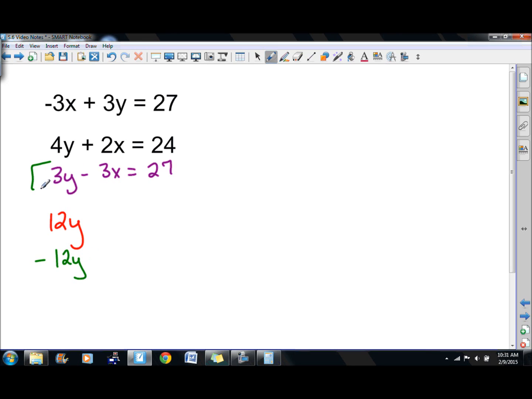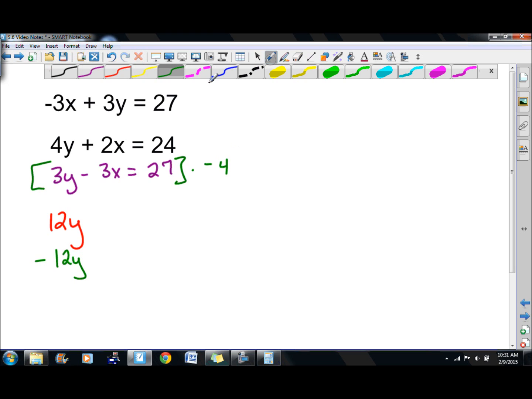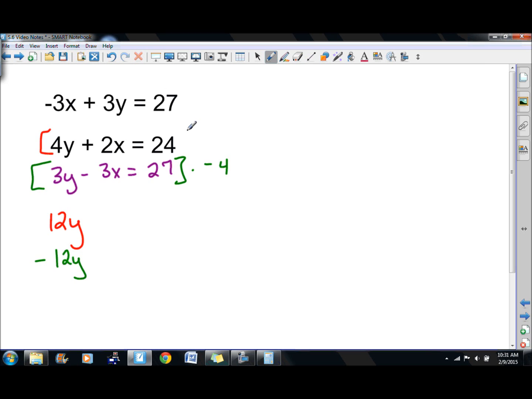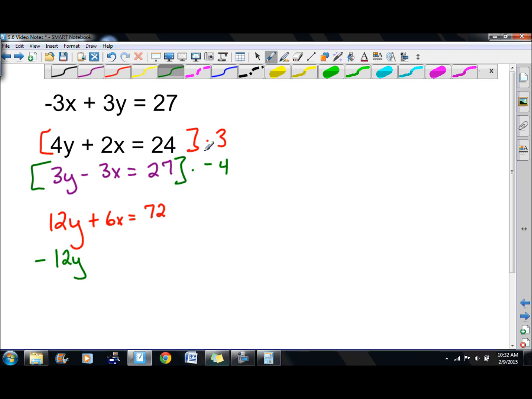So that means this one, I have to multiply the entire equation by negative 4, and the top equation, I have to multiply everything times a positive 3. So this becomes 12y plus 6x is equal to, that's going to be 20 times 3 plus 4 times 3, which is 72.